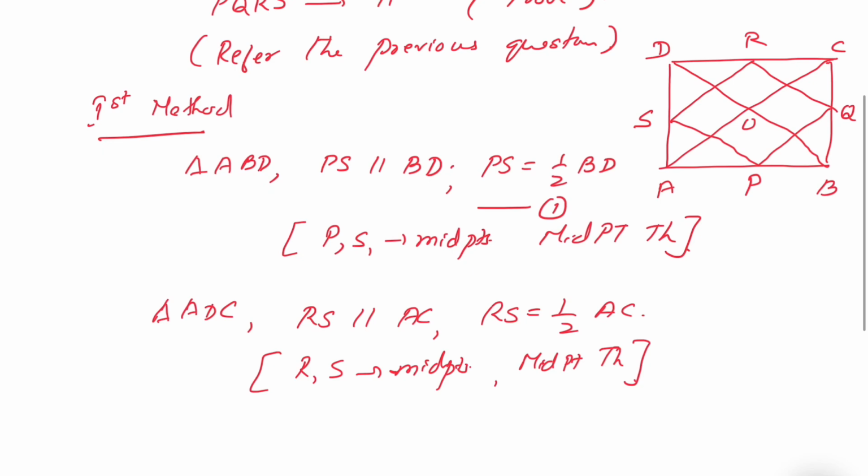So now, in a rectangle, you know the property of the diagonals of a rectangle. In a rectangle, the diagonals are equal. That is AC equal to BD.